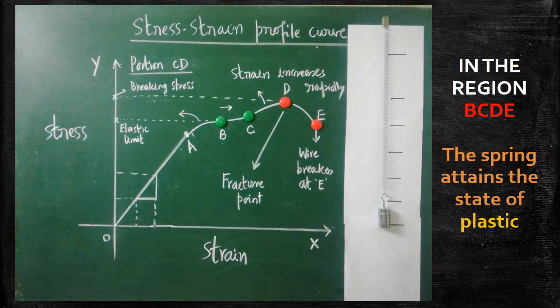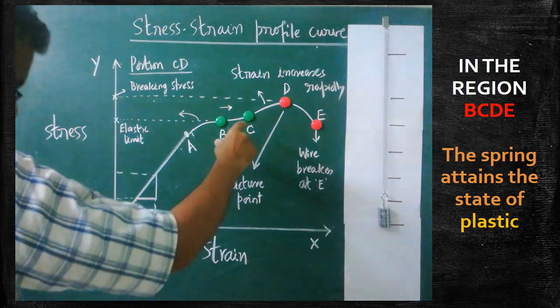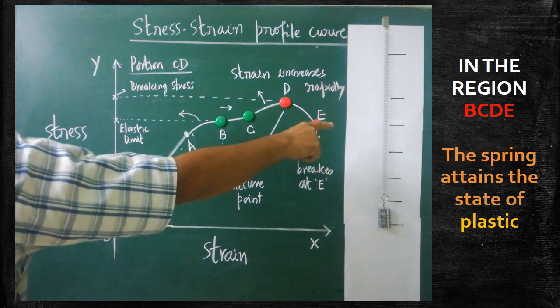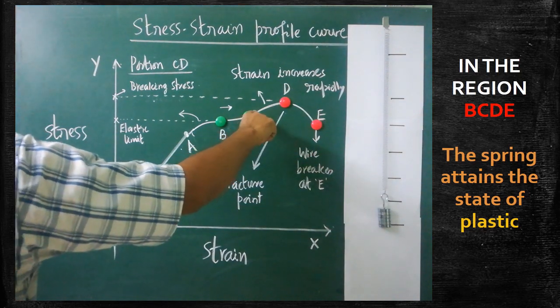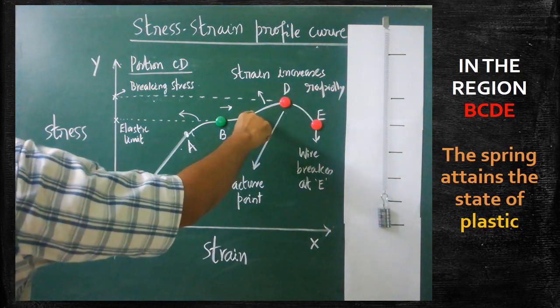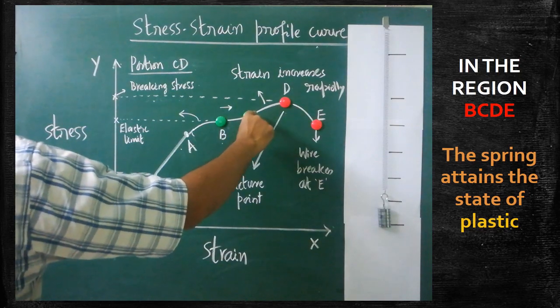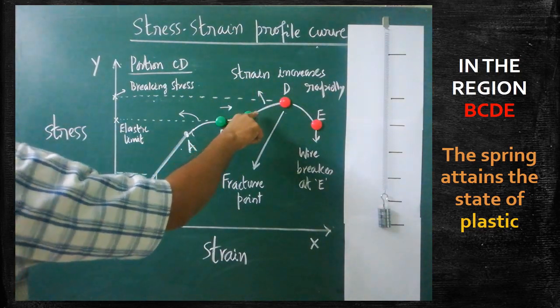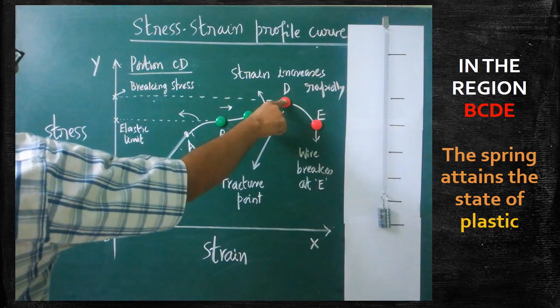Now we are going to analyze what is happening in the portion CD. If further stress is given to the object, what happens? Suddenly the strain increases. Even after the removal of the load, strain increases rapidly. It reaches the maximum point.